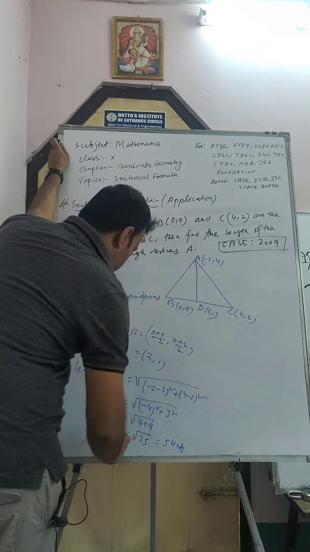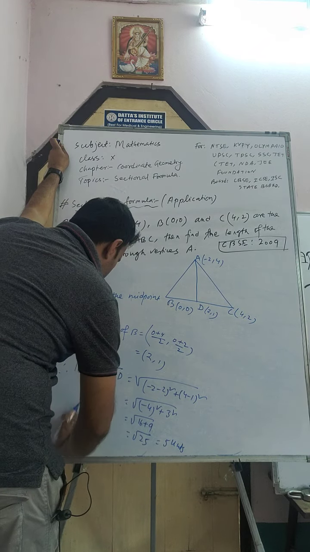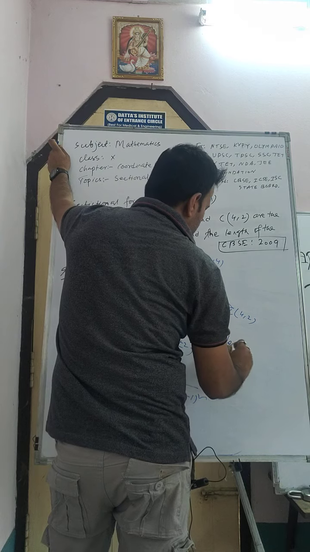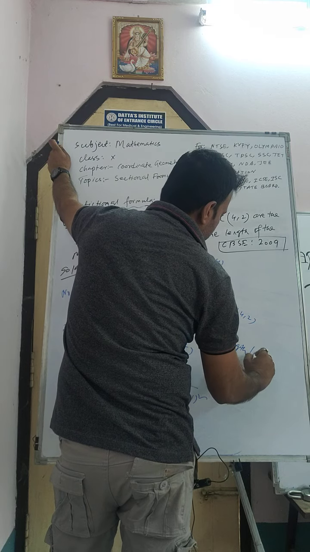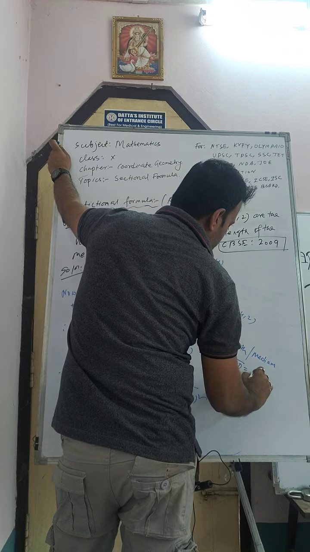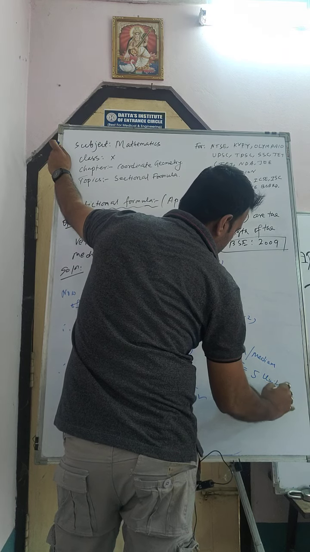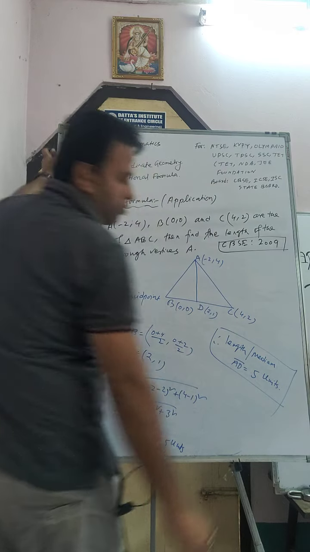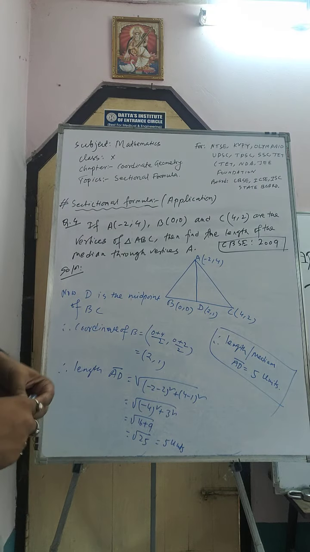So the length of median AD is equal to 5 units.